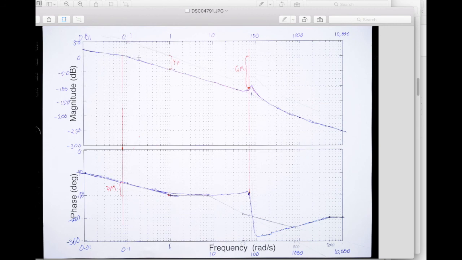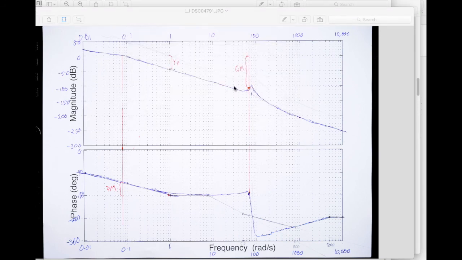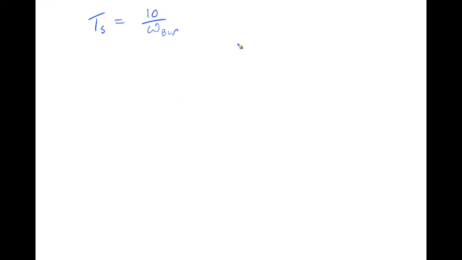You can say without too much approximation that omega BW is approximately equal to omega C, where this is the crossover frequency, or the 0 dB frequency, or you can say somewhere it's between omega C and twice omega C.